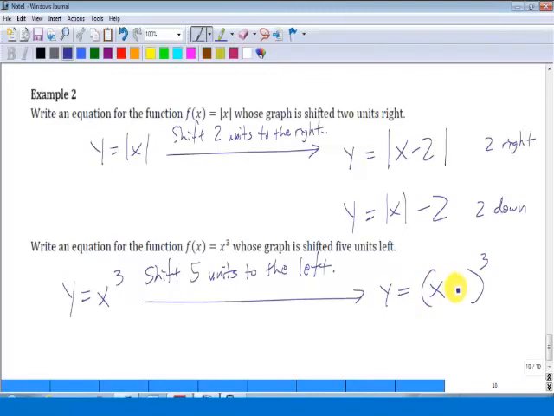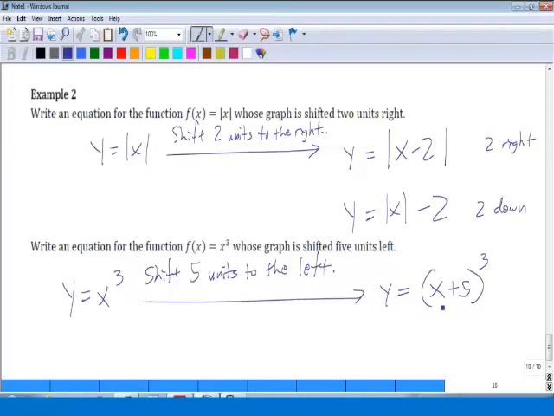What's getting cubed? The quantity x plus 5. Is x plus 5 getting cubed here? 5 to the left? I think so. I think x plus 5 is getting cubed here. So this one gets by with being 5 units less, so the graph is 5 units to the left.